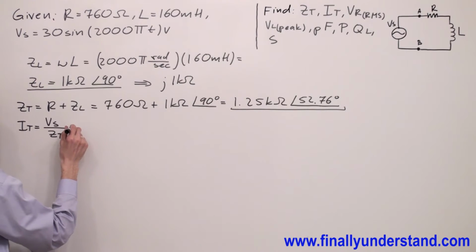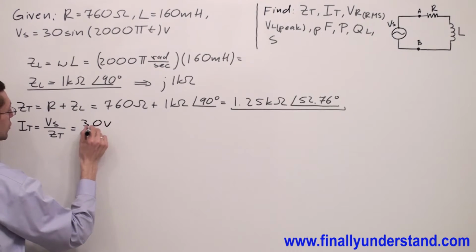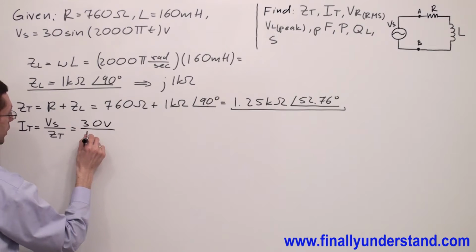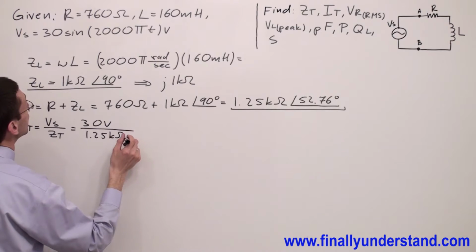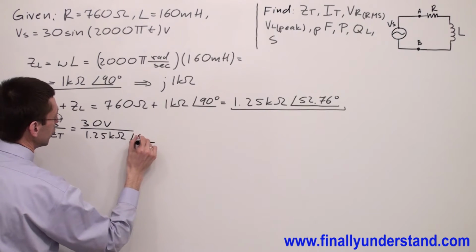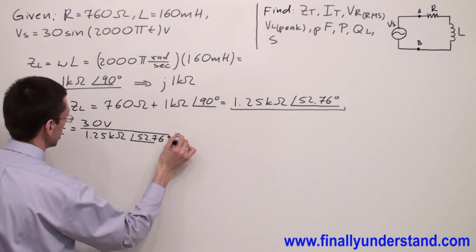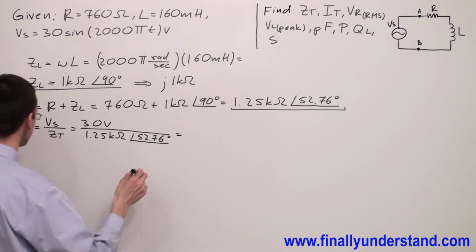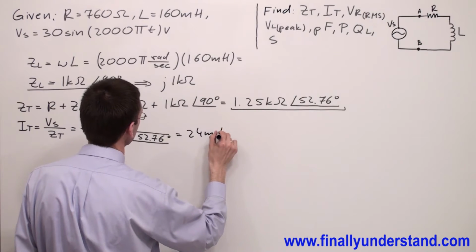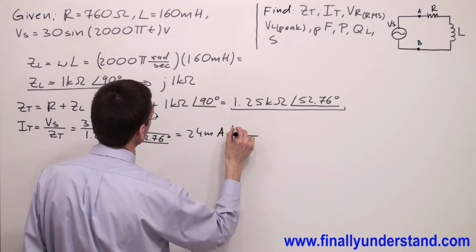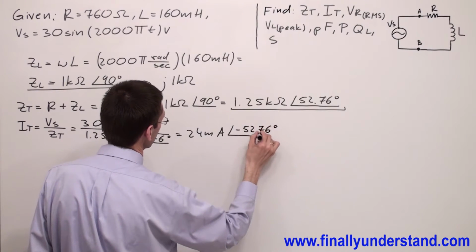So this is going to be equal to 30 volts over Z total, 1.25 kilo ohms, an angle of 52.76 degrees. This is going to give me the value of 24 milliamps, an angle of negative 52.76 degrees.